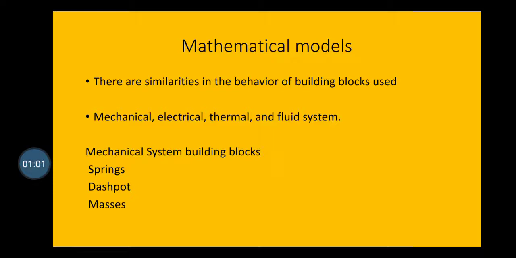The basis for any mathematical model is provided by the fundamental physical laws that govern the behavior of the system. A mathematical model for the system can be obtained. A system built up in this way is called a lumped parameter system.